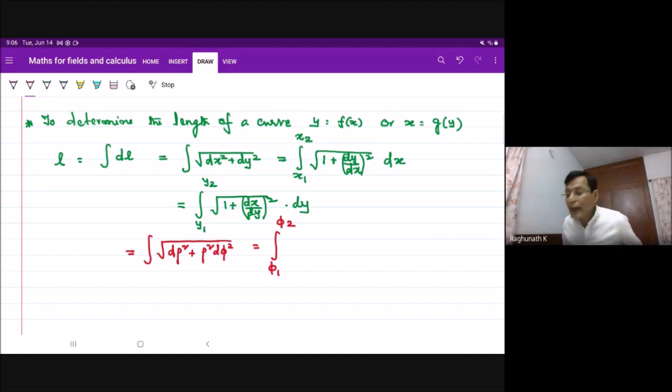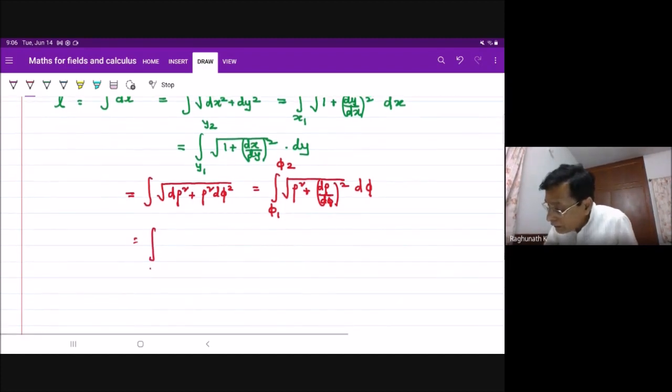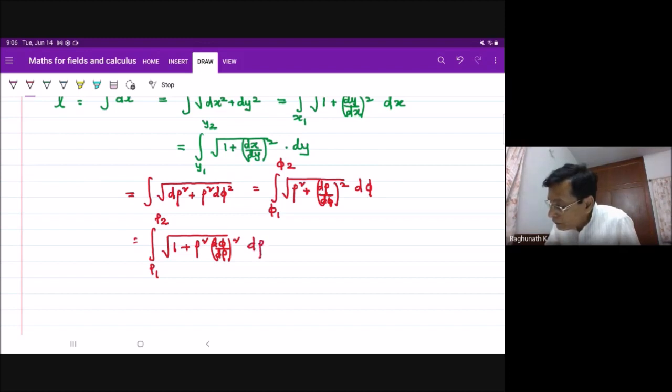Properly we should take root of rho squared plus d rho by d phi whole squared d phi, or the same thing is equal to integral rho 1 to rho 2 root of 1 plus rho squared d phi by d rho whole squared d rho. Length of the curve.